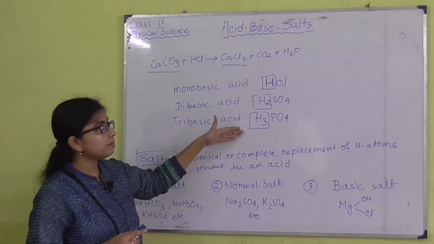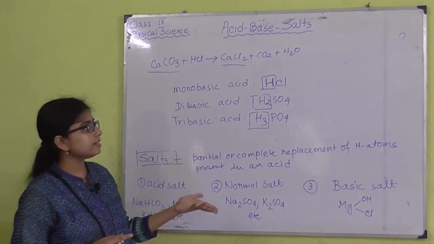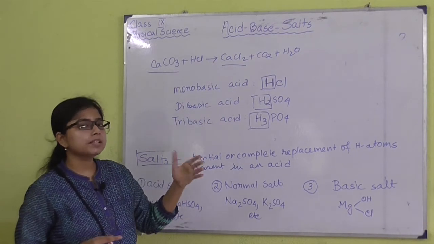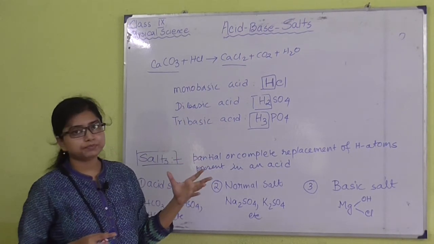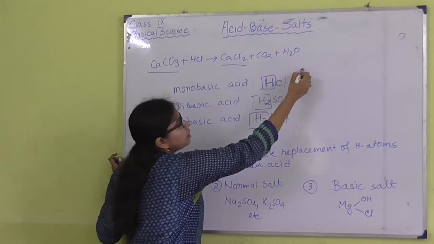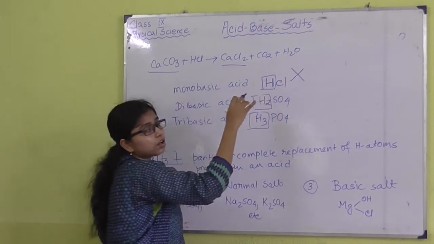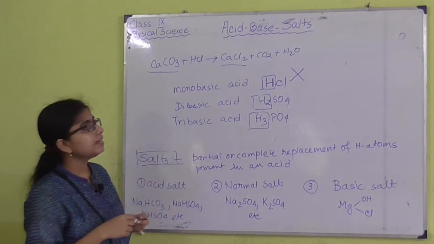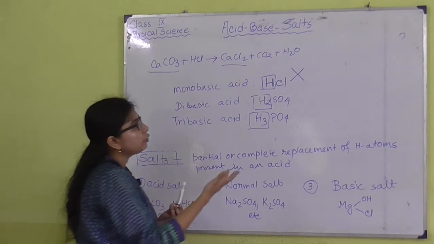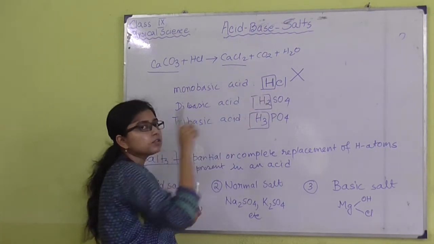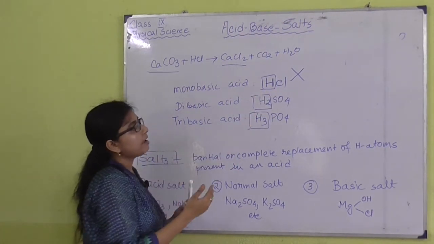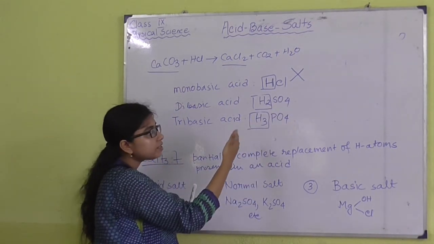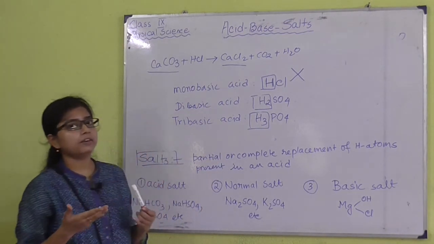HCl, H2SO4, H3PO4, all of them are examples of acids, and the hydrogen of these acids I have to replace to form a salt. Now here in this case we cannot consider the situation for HCl, because HCl is a monobasic acid and there is no way but to replace the hydrogen, because there is only one hydrogen. But I have options for H2SO4 and for H3PO4, because in these two cases I have more than one hydrogen atom.